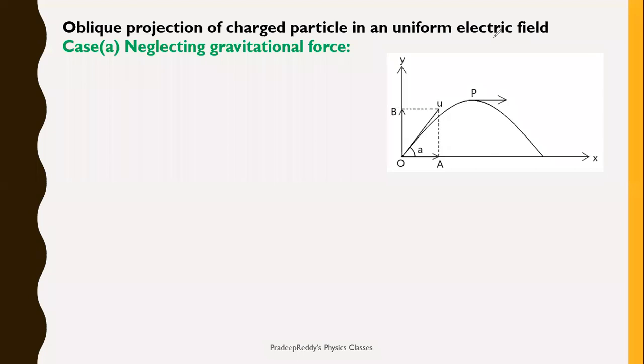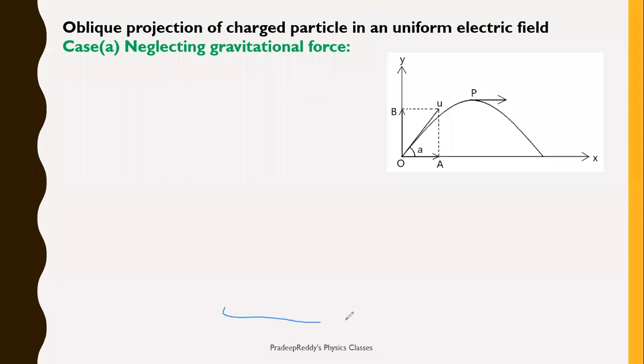Similarly, if the charged particle enters the electric field perpendicularly, it will deviate and travel in 2 dimensions, right? Now in this session, we are going to discuss what would happen if you project a charged particle in an electric field.